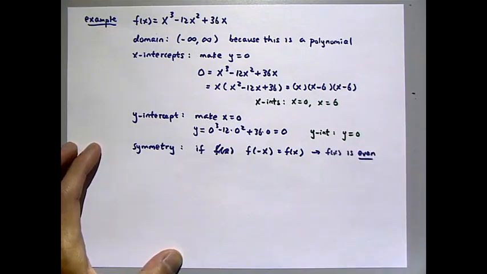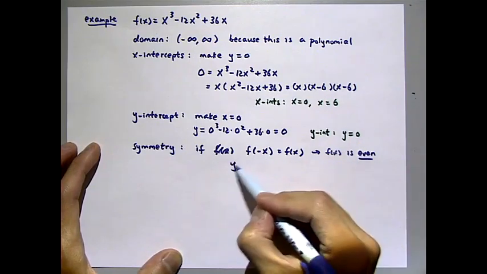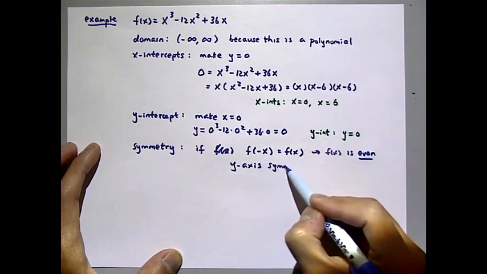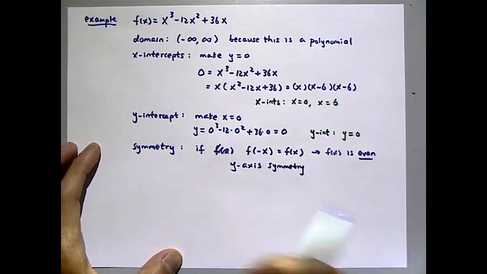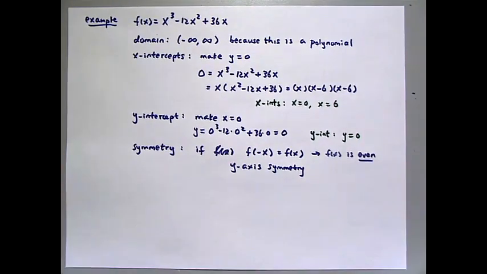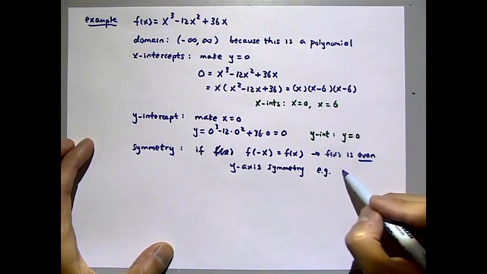And an even function has y-axis symmetry. Whatever happens on one side of the y-axis happens on the other side. It's a mirror reflection.